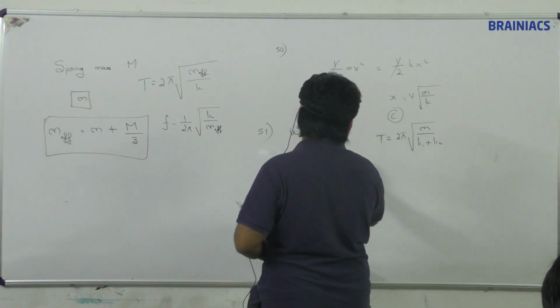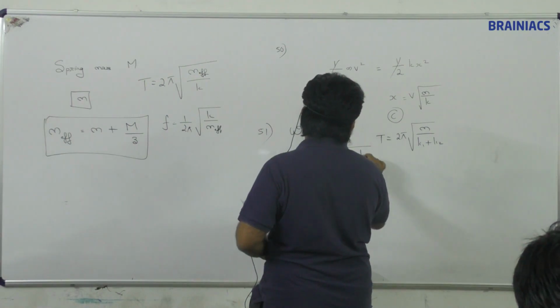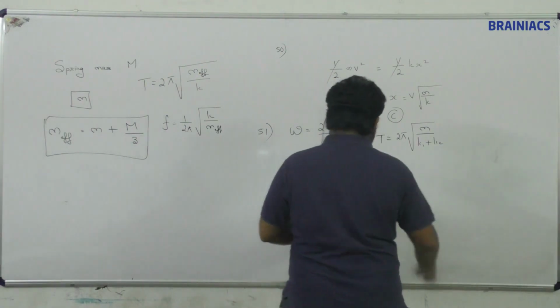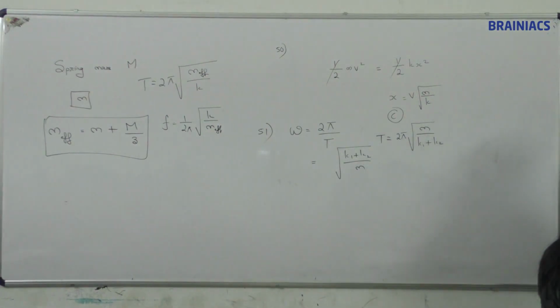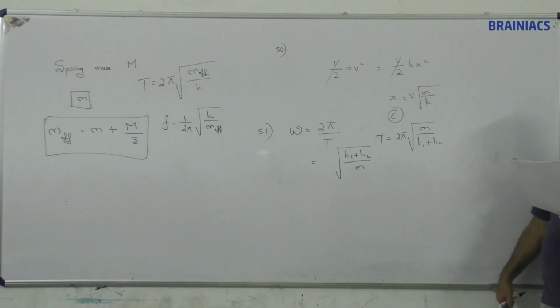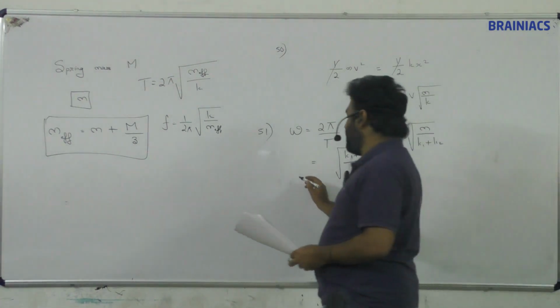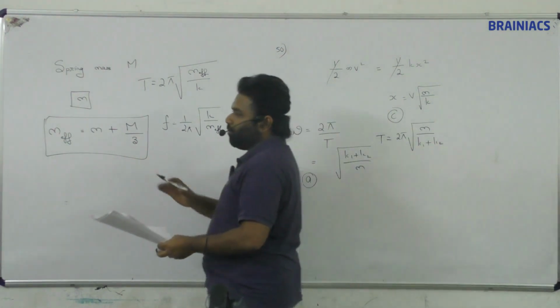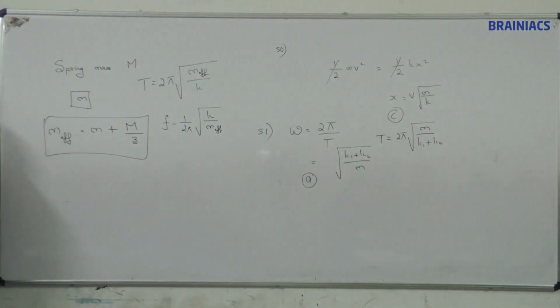This is going to be root of k1 plus k2 divided by m. Correct? So option A. If you know those simple points, then we can do this.